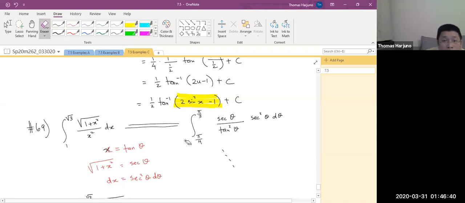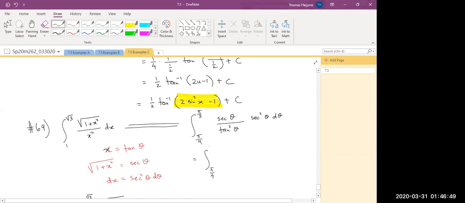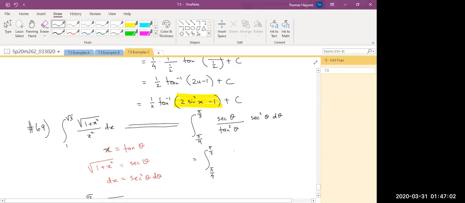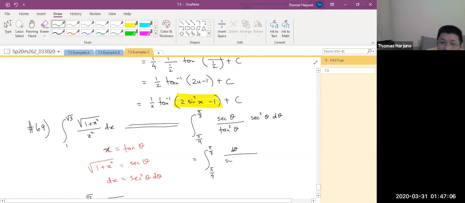Let me play a little bit further from here. Who knows? It's doable. Maybe splitting up the secant cubed into secant squared and secant? And then tangent squared theta plus 1. This is sine squared theta cosine theta.